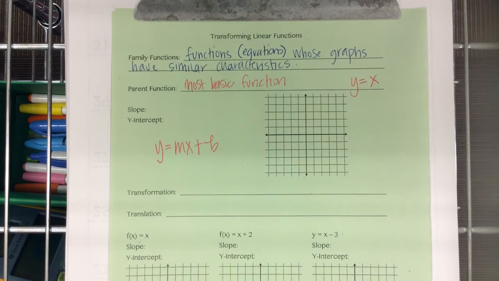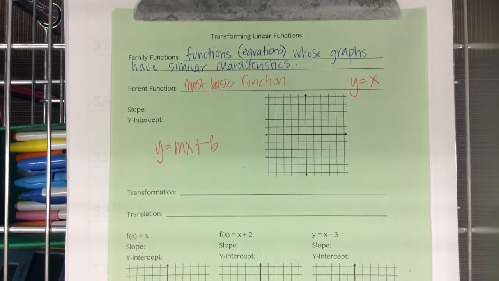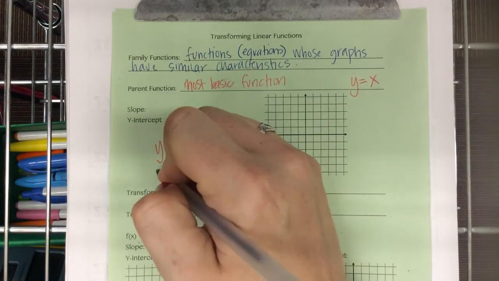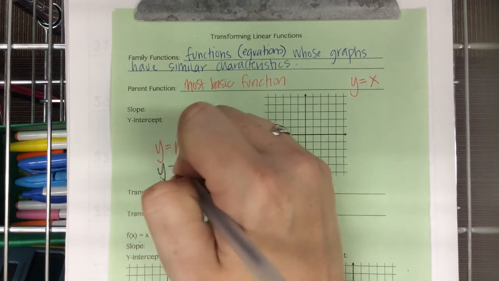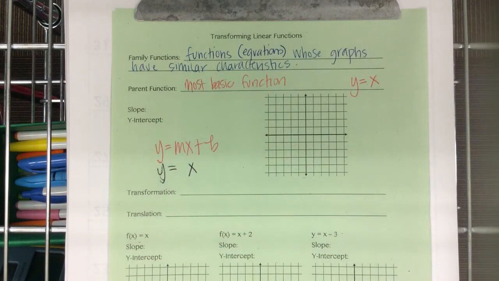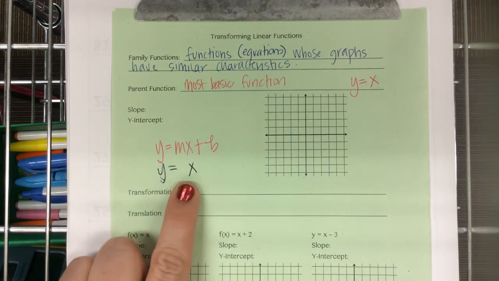And if I take that parent function, y equals x, what's the slope? If it was 0, there wouldn't be an x, right? 0 x's disappears.